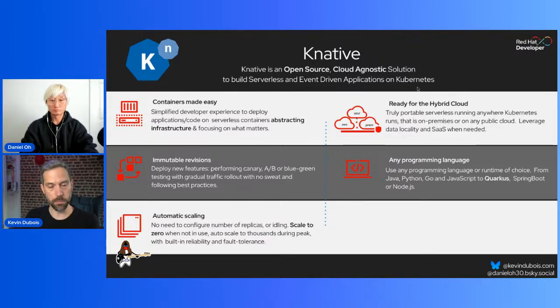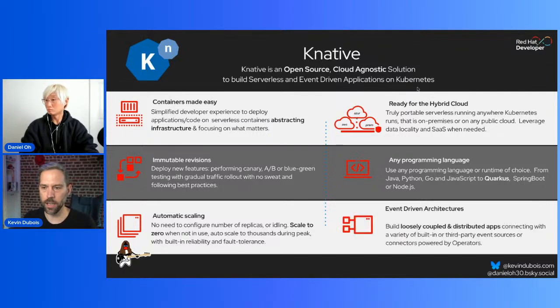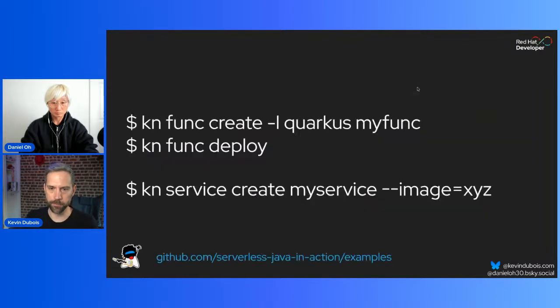Even for Java, you basically provide Knative with your sources, and it's able to package that up using a project called Buildpacks, and then deploy it to your Kubernetes cluster automatically, including the auto scaling and all that good stuff. It also has different capabilities that are a little bit more out of scope of this talk, like revisioning and different kinds of solutions. But we'll go into Knative a little bit more.